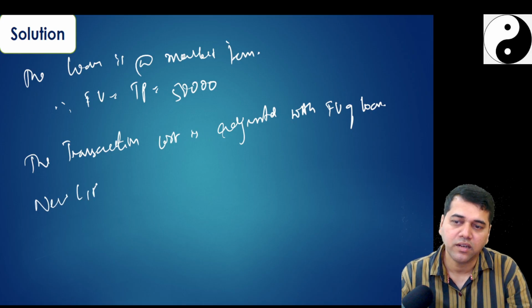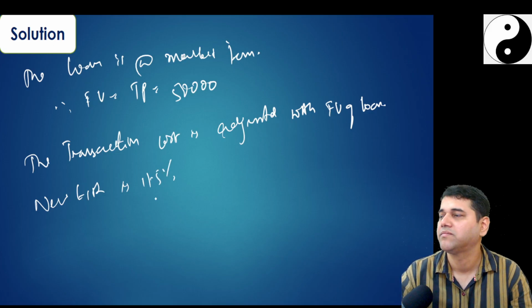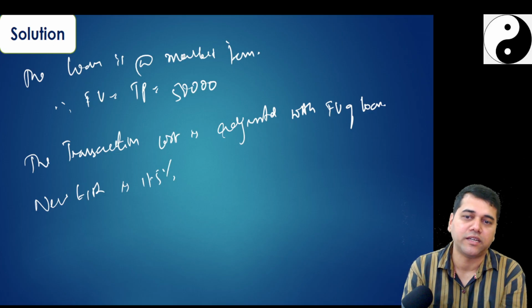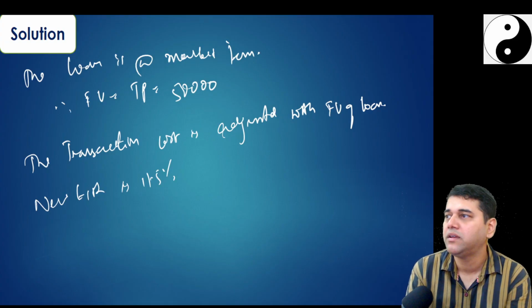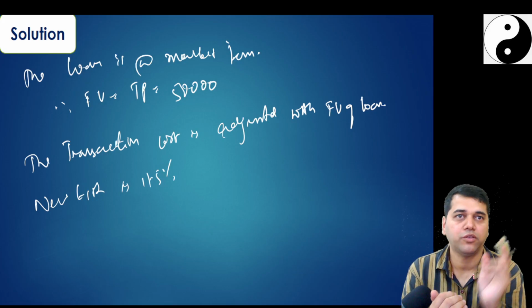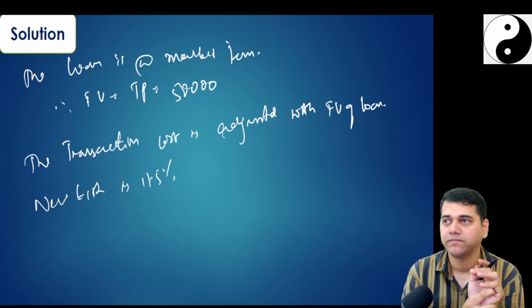New EIR is 11.5%. We just write it initially, because we have to pass one accounting entry right now. We understand my opening entry: bank will be less than 50,000, because I have paid transaction fees.